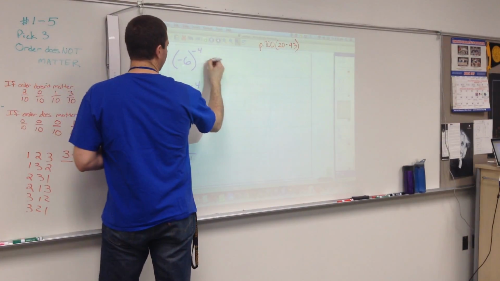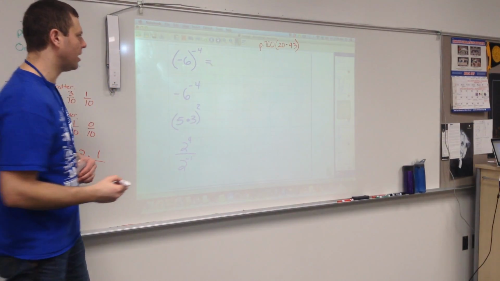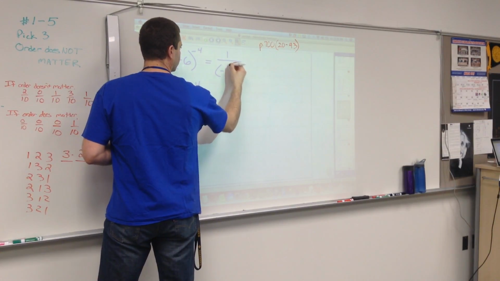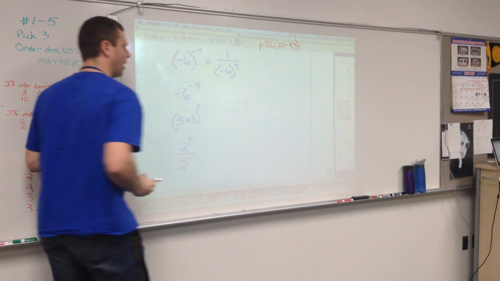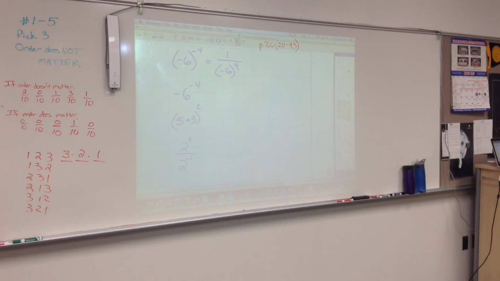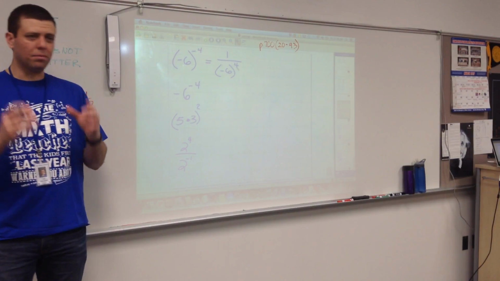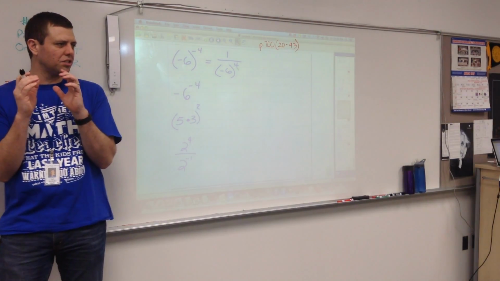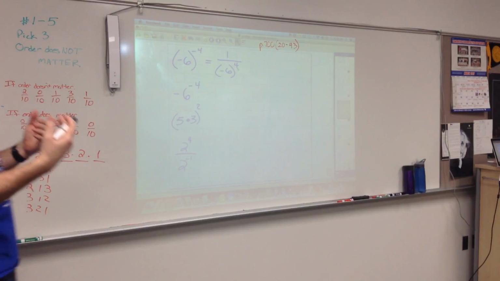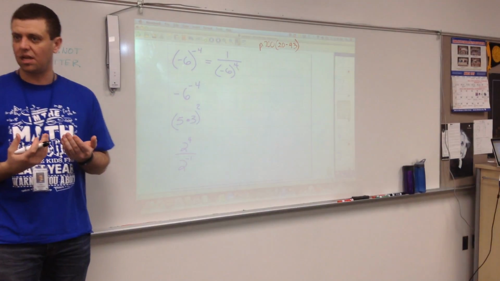So if I would see this problem, I would first write it as 1 over negative 6 to the 4th power. I would move it to the bottom side of the fraction first. Then I would see what negative 6 raised to the 4th power is actually equal to. So I'm going to take negative 6 in parentheses raised to the 4th, or negative 6 times negative 6 times negative 6 times negative 6.